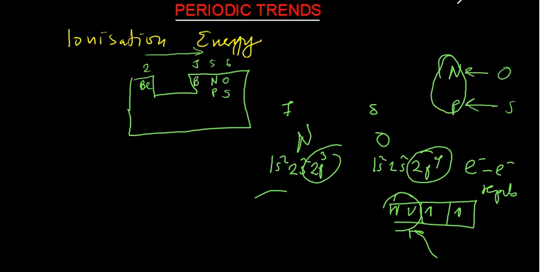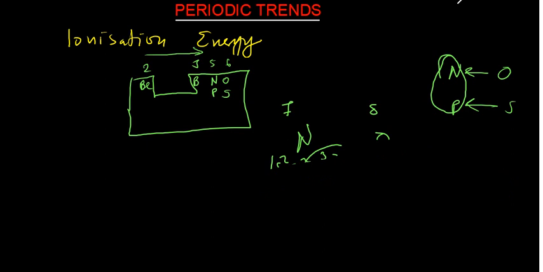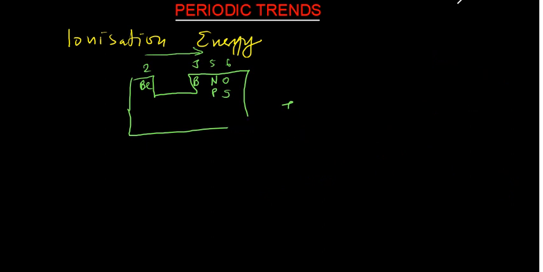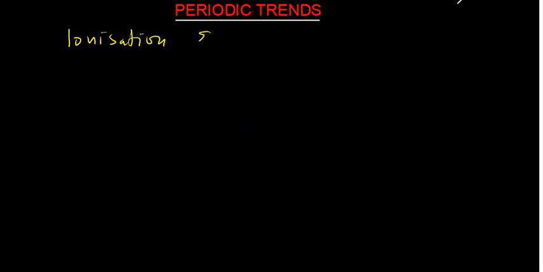The other trend we need to understand is electron affinity. So remember, ionization energy is the energy that is required. Now electron affinity is simply the direct opposite.